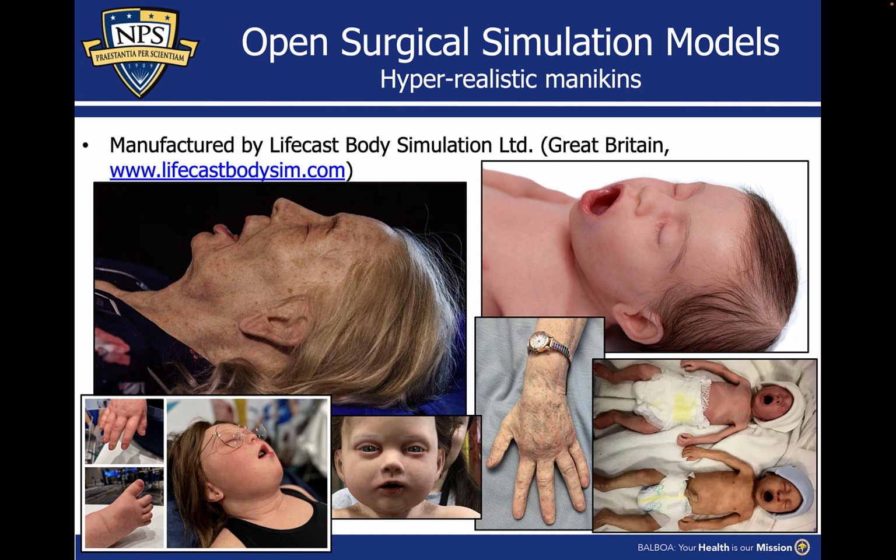These mannequins are incredibly realistic with regards to visual appearances as well as movement of their extremities and the feel of their tissues. Minor procedures are able to be performed on these mannequins, such as venipuncture, intubation, ventilation, but there are no real internal electronic components.